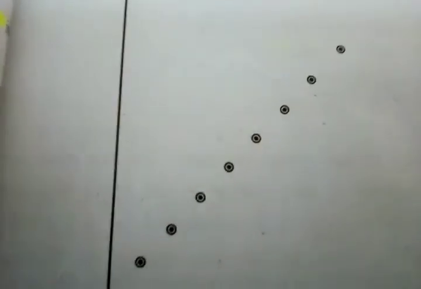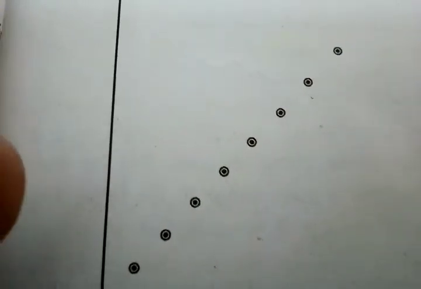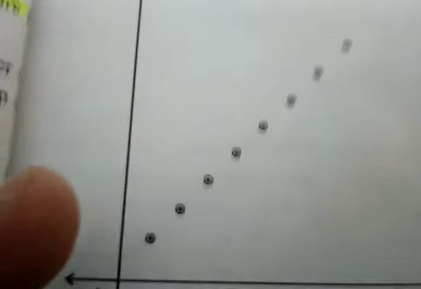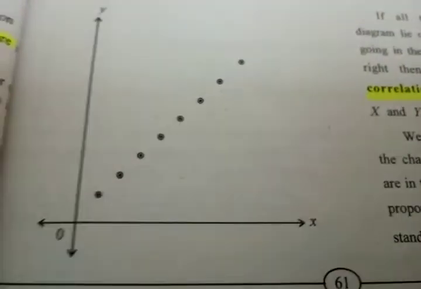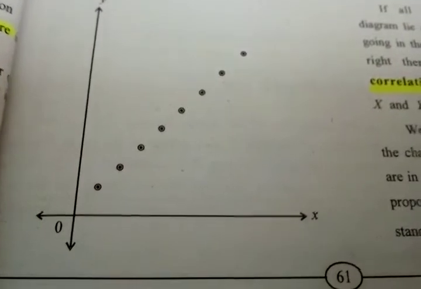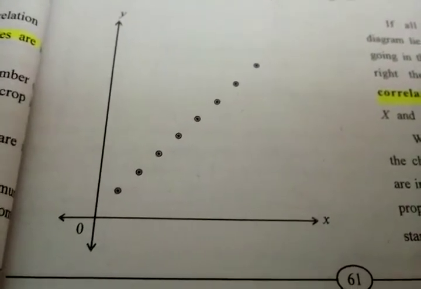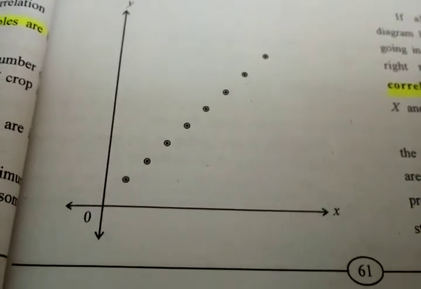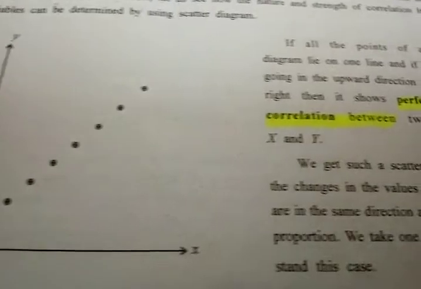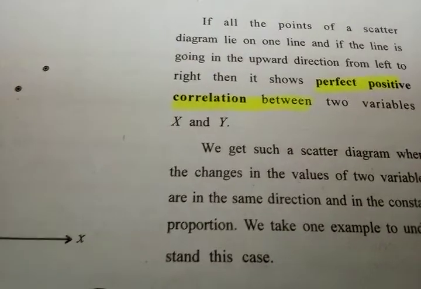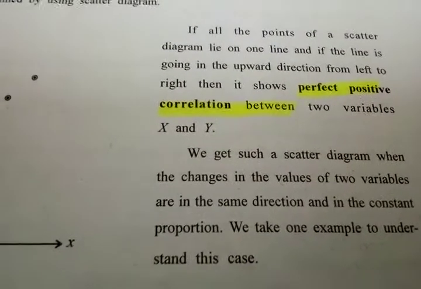And once we do that, depending on the nature of the curve or the diagram, we understand which type of correlation exists there. If the points are plotted on a straight line going upward from left to right, we have perfect positive correlation between the variables x and y.